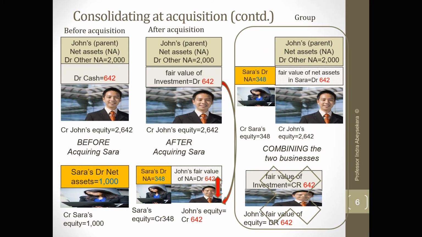If you look at it in more detail, John had cash of 642 and invested that cash in Sarah's company on equity, and that cash became investment in John's company. So that's the second column.